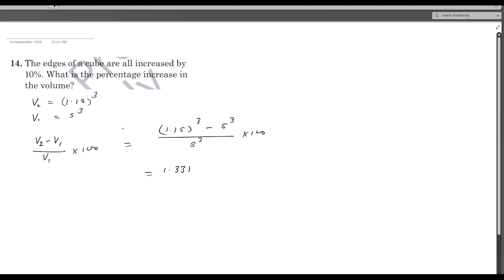Now s cube from the numerator we will take common and cancel with the denominator. So it is 1.331 minus 1 times 100. So the result will be 33.1%. Okay, so your volume will increase by 33.1%.